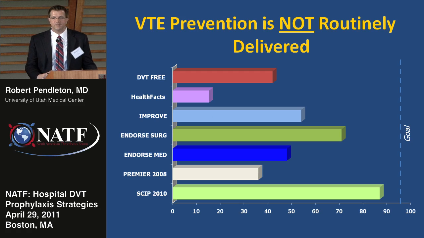But in fact, every quarter when I look at the literature, I'm disappointed that we still, nationally, get this right about half the time. So there's still an enormous amount of work that we need to do to improve care in this area.